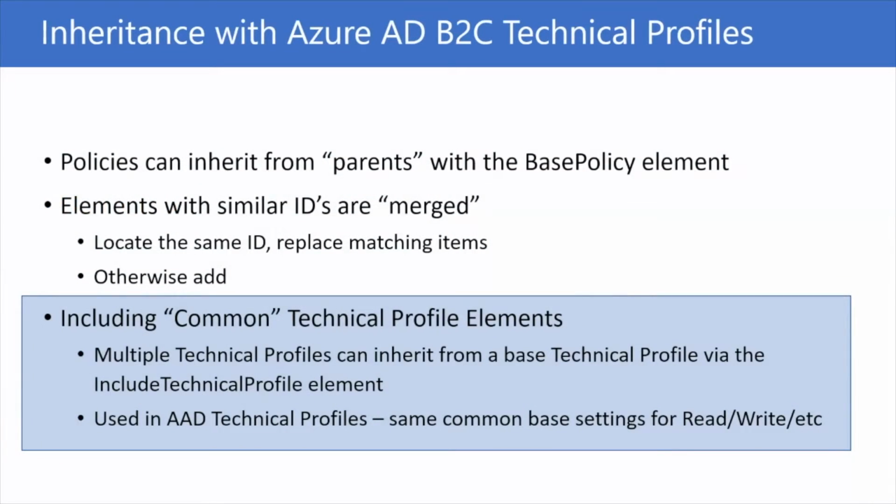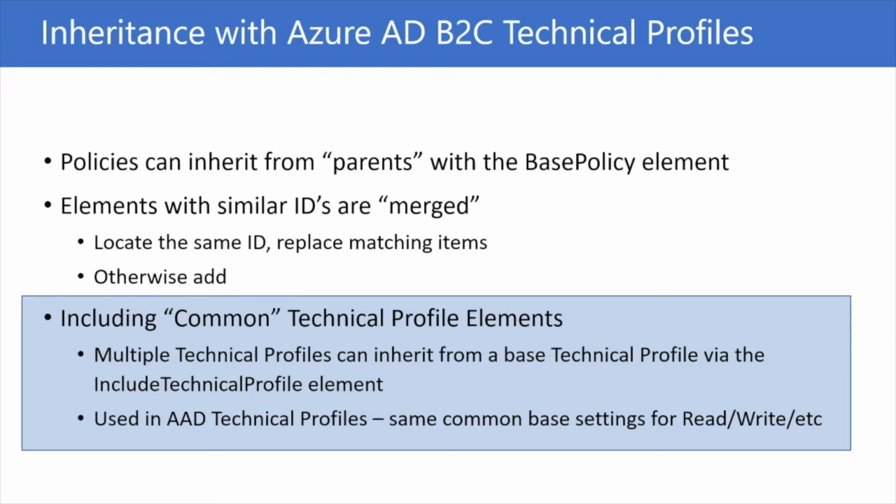Speaking of which, let's talk for a minute about how we would go about writing our users' information to the underlying Azure AD data store. First, I want to talk a little bit more about inheritance with Azure AD B2C policies, and in particular with technical profiles.